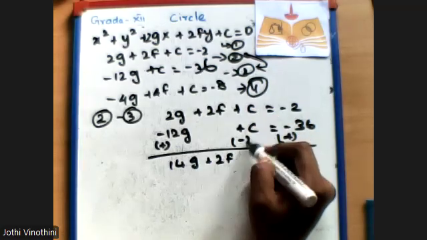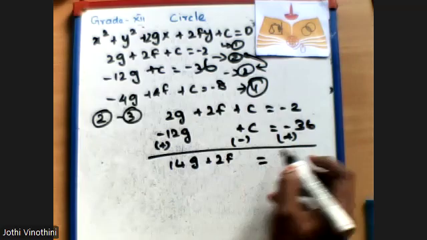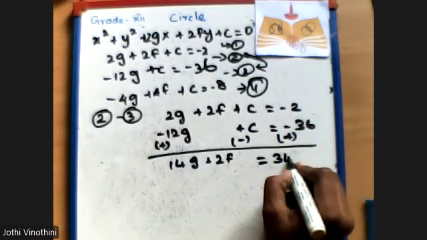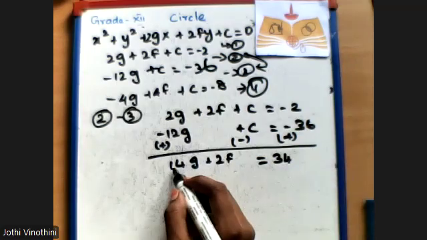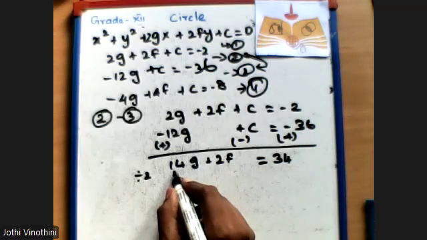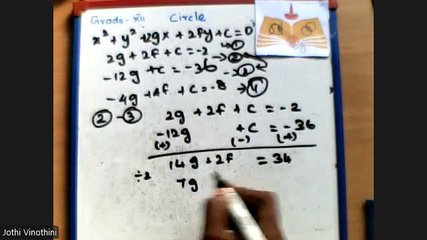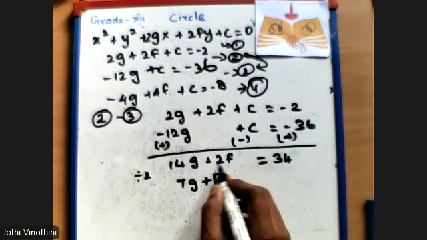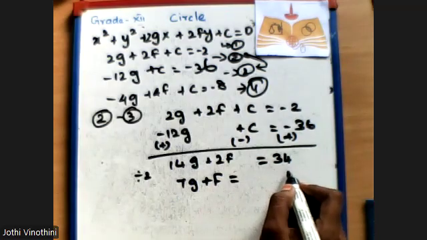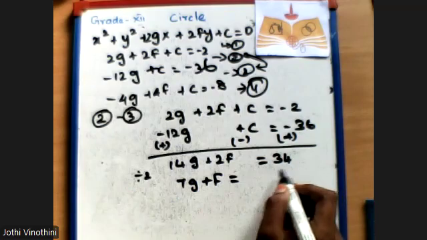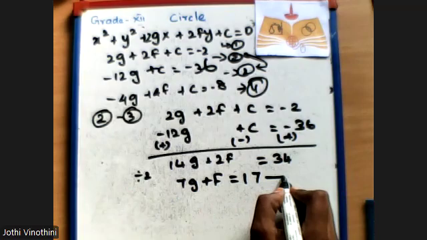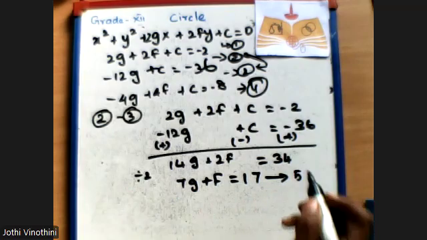Plus 36 minus 2 will be plus 34. I am going to divide all of these by 2. So 14 by 2, 7g plus 2 by 2 will be 1, so f equals 34 by 2, 17. I am going to consider it as equation 5.